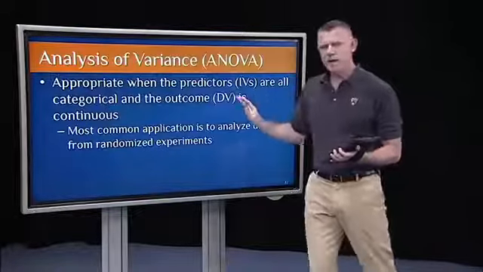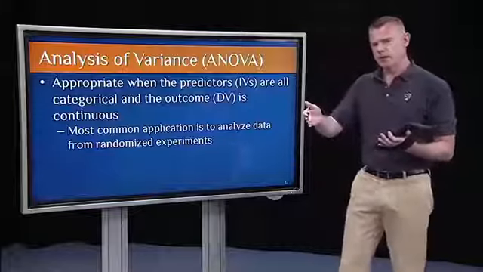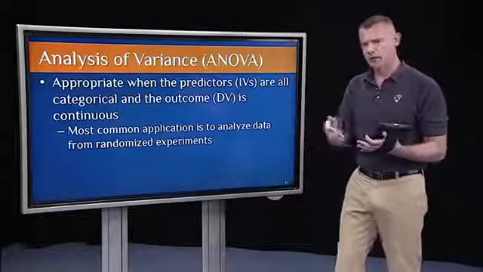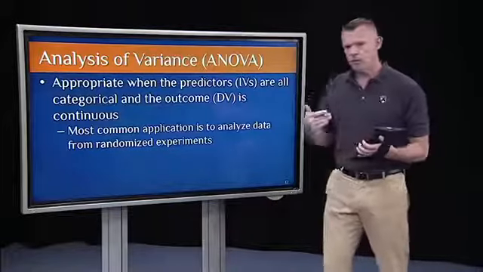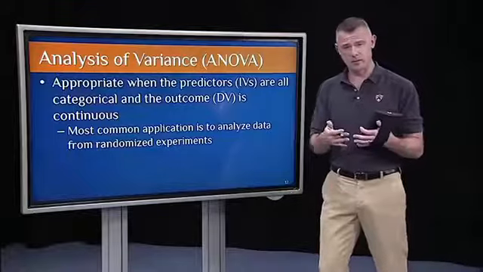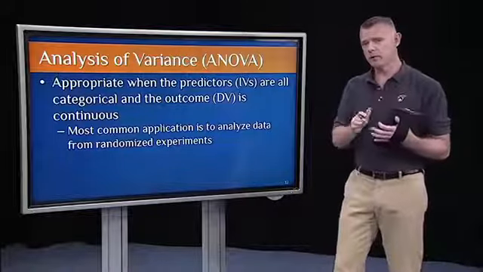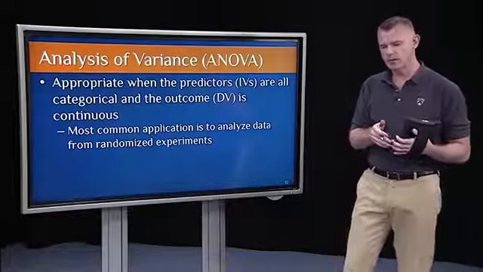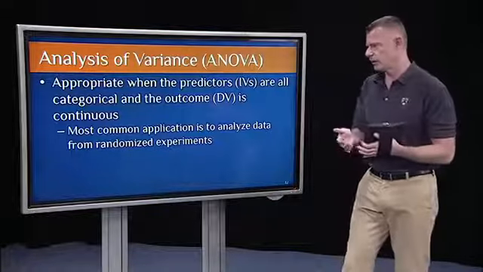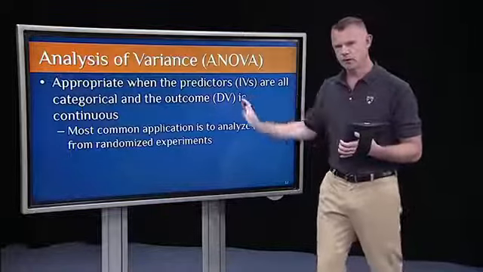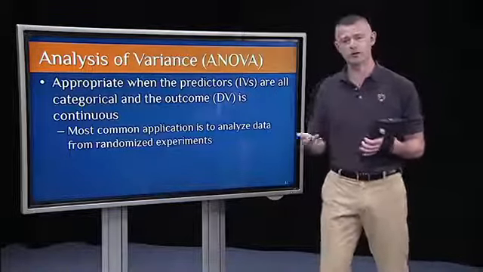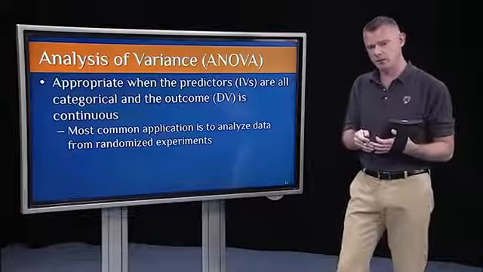We'll get to analysis of variance after we cover these other topics in multiple regression, that is moderation and mediation. It's most appropriate for situations where we have true independent variables. Go back to the first week of the course where we talked about the difference between experimental research and correlational research. We typically reserve an analysis of variance for situations where we're doing experimental research, where there's a true independent variable.